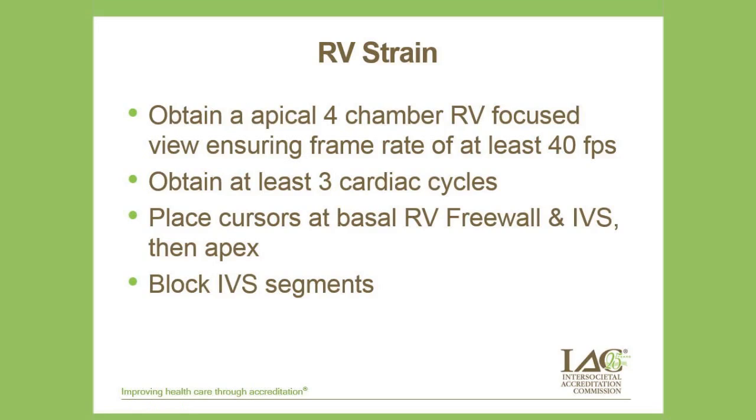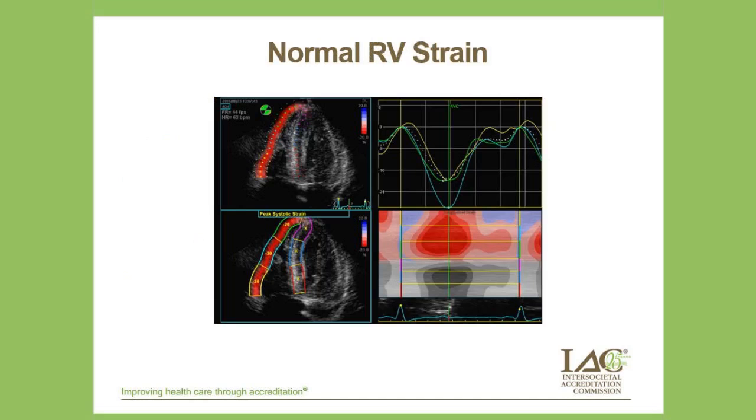We're going to place the cursors at the basal area of the right ventricular free wall, again over at the medial annulus at the interventricular septum, and then the third one at the apex. Before accepting the strain, we're going to block out the interventricular septum segments so we do not include them in our average. So you can see how we've done this one.